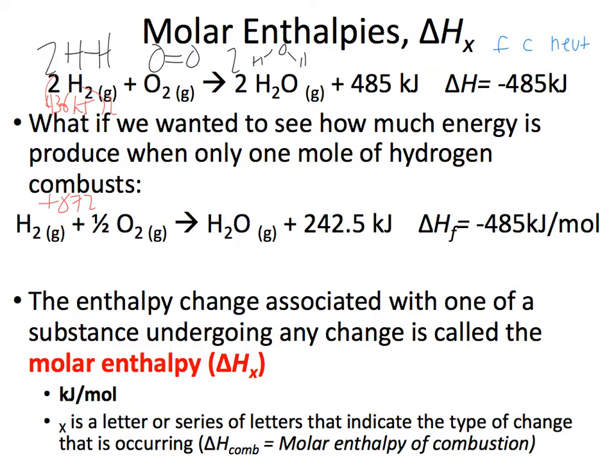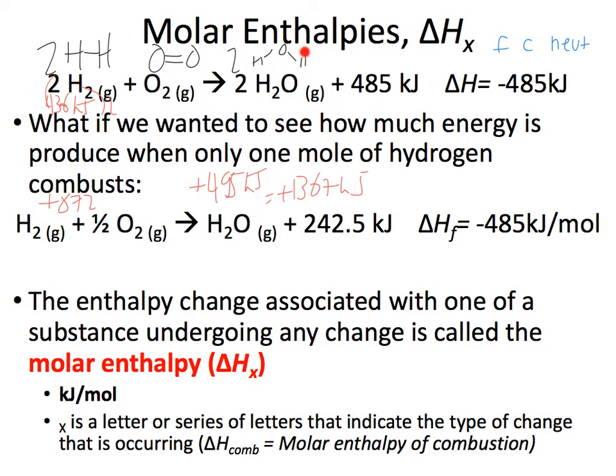Now, for our oxygen, the amount of energy required to break one double bond of oxygen is positive 495 kilojoules. So altogether, I have to put in positive 1367 kilojoules to break the bonds between hydrogen and oxygen.